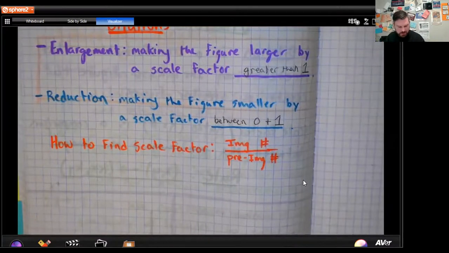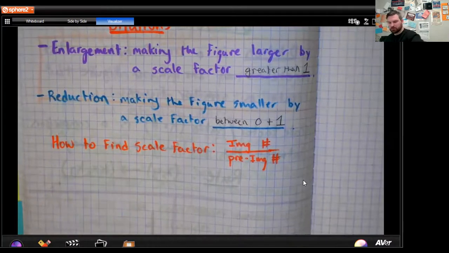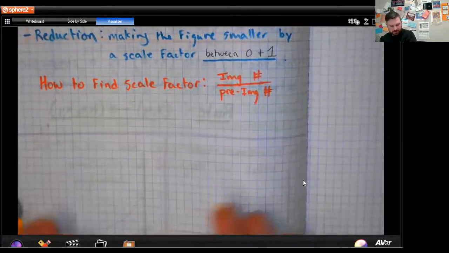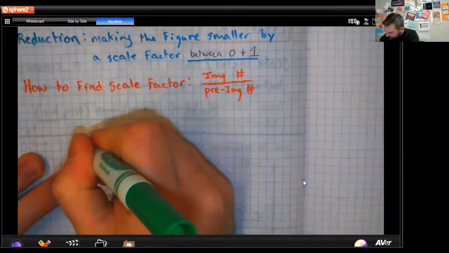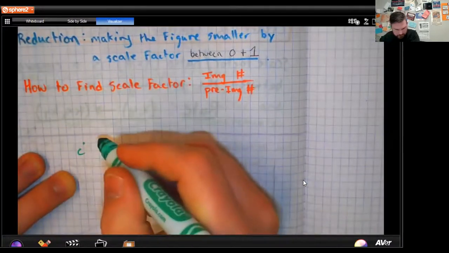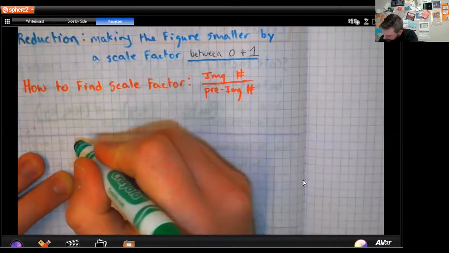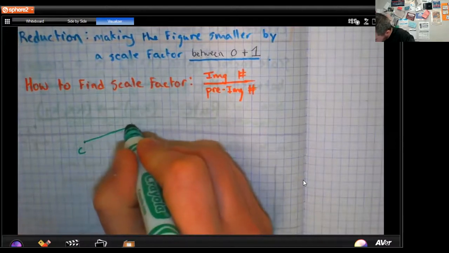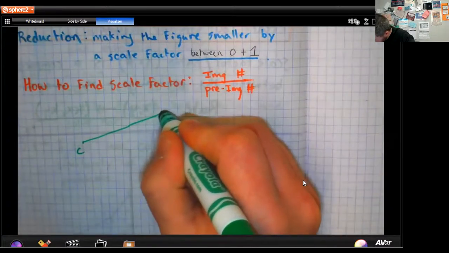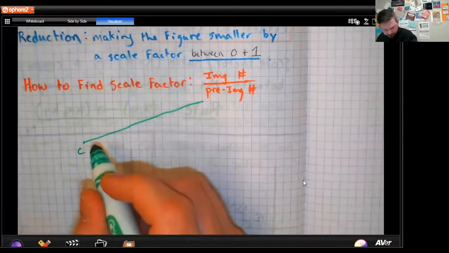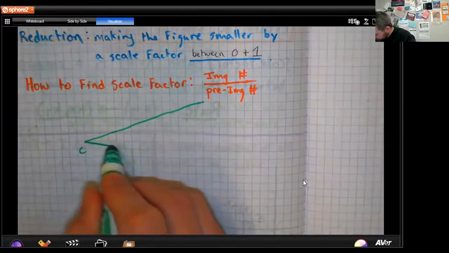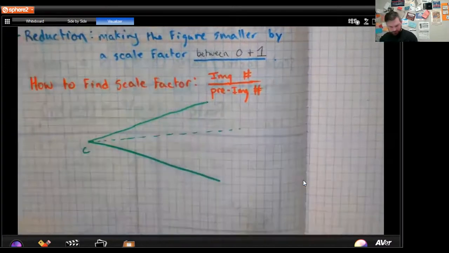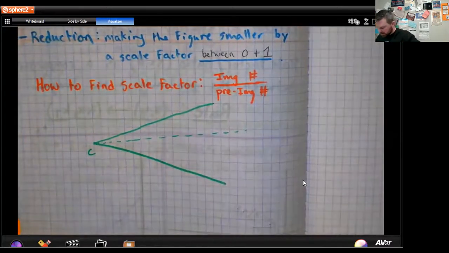Okay, so let me just draw this out. So you've got this here, and then we're going to look at some shapes on this.